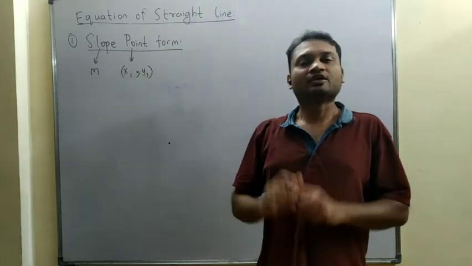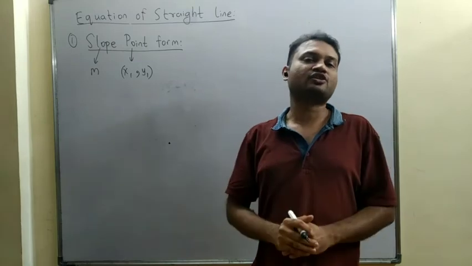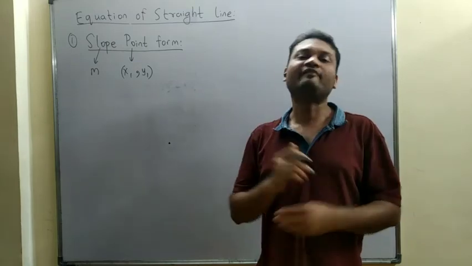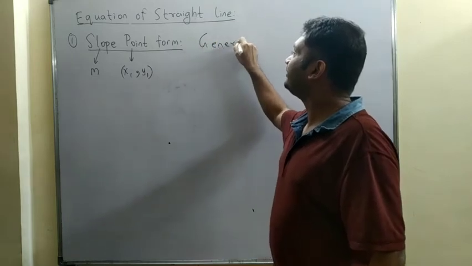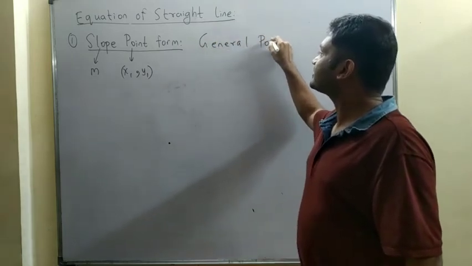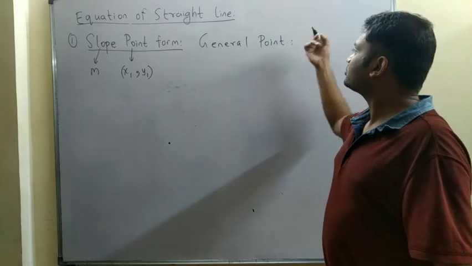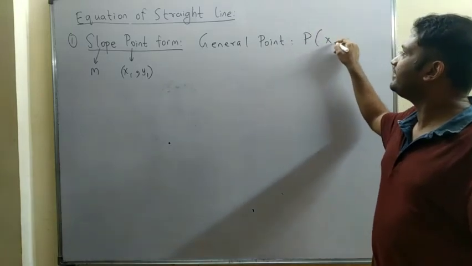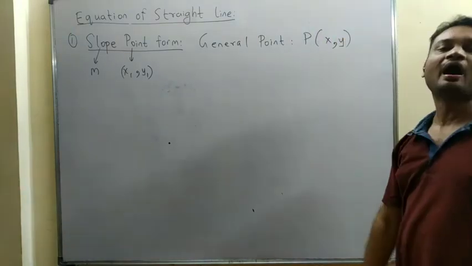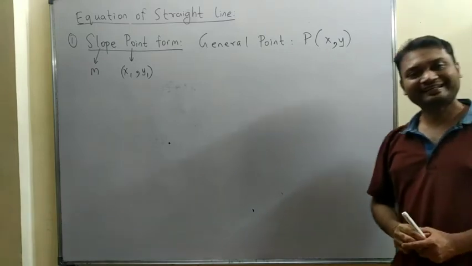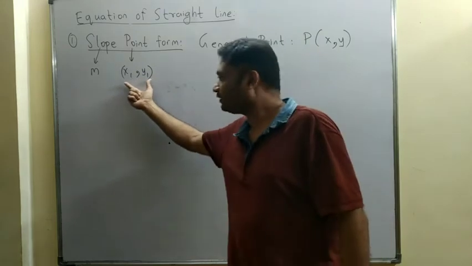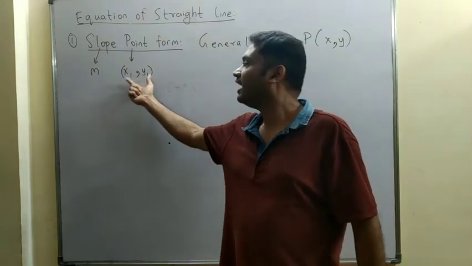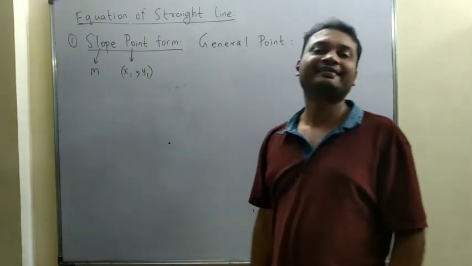Now, in terms of m, x1 and y1, we want to get the equation of a straight line in slope point form. In all the equations of straight line, we always have a general point. And what is that general point? General point is x, y. So, let us say we have a general point P, which is x, y. So we have three things: general point x, y, a fixed point on that line x1, y1, and the slope of that line is m.